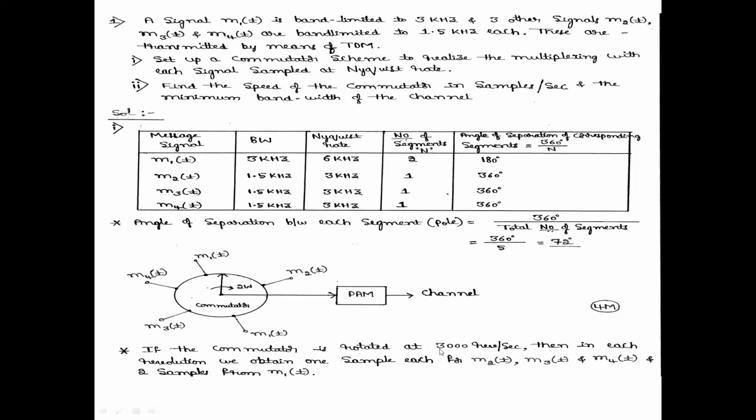If the commutator is rotated at 3000 radians per second, then in one revolution we obtain one sample each for M2(t), M3(t), and M4(t), and two samples from M1(t).